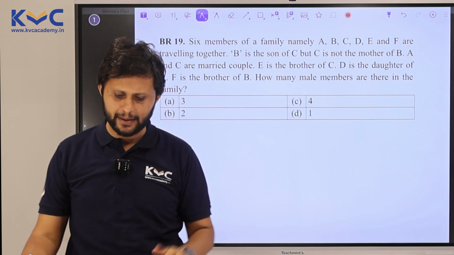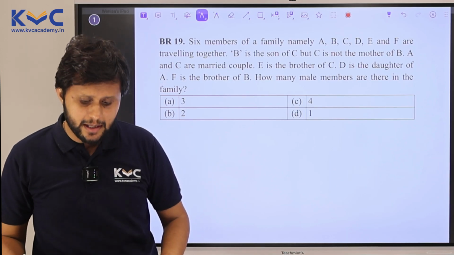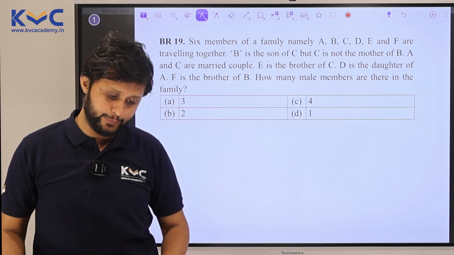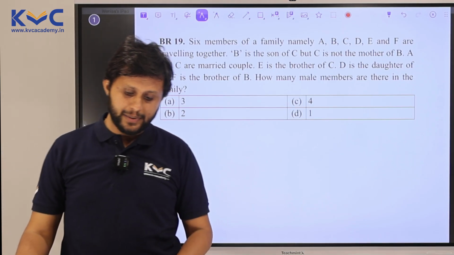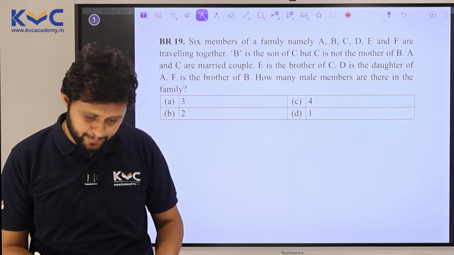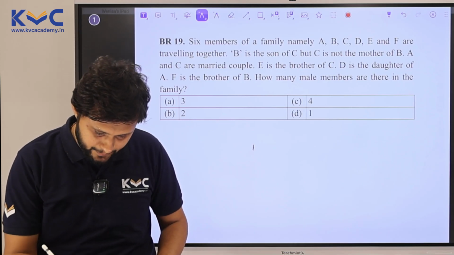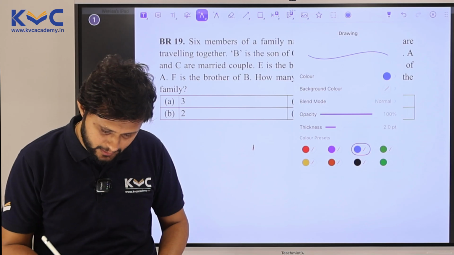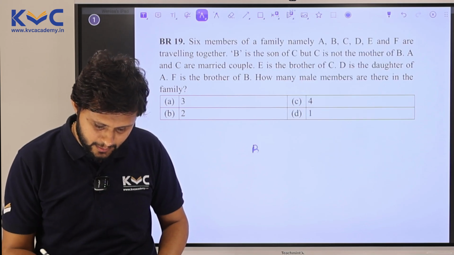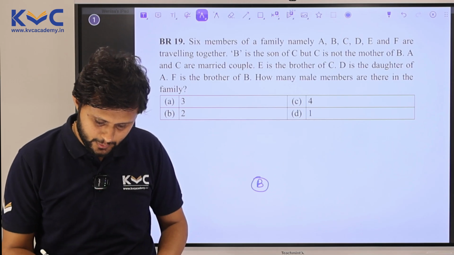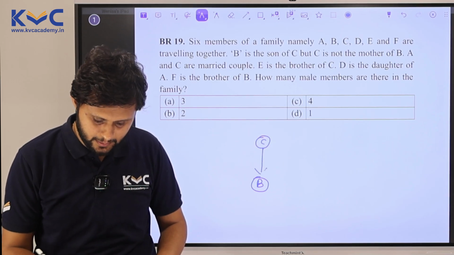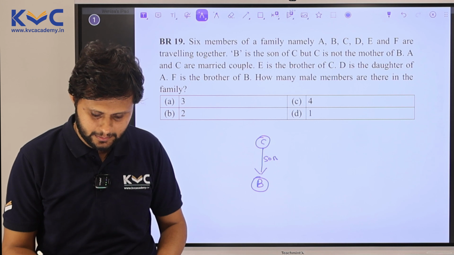Again, we have 6 members in the family, namely A, B, C, D, E, F. They are traveling together. B is the son of C. So we have B. Go to blue again. We have son of C. So we have C. Okay, son.